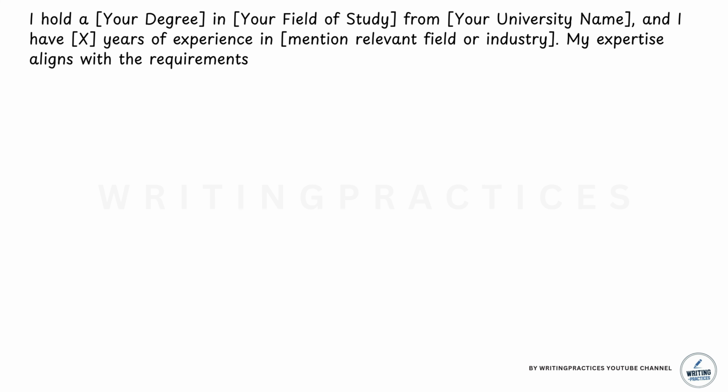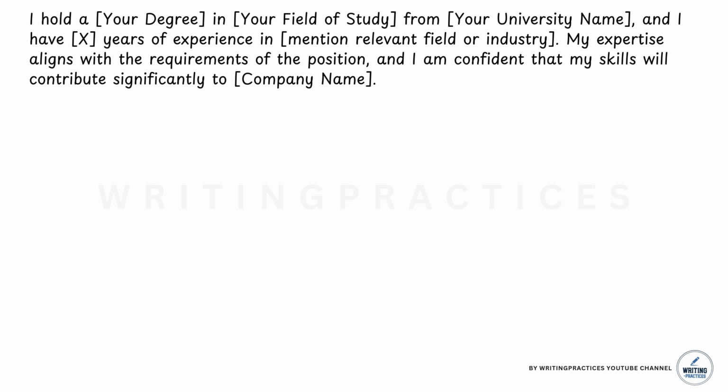For example, I hold a master's degree in computer science from University of Toronto, and I have 5 years of experience in software development and artificial intelligence. My expertise aligns with the requirements of the position, and I am confident that my skills will contribute significantly to Tech Solutions, Inc. This section proves that you are a qualified professional with specialized skills that justify the H1B visa approval.